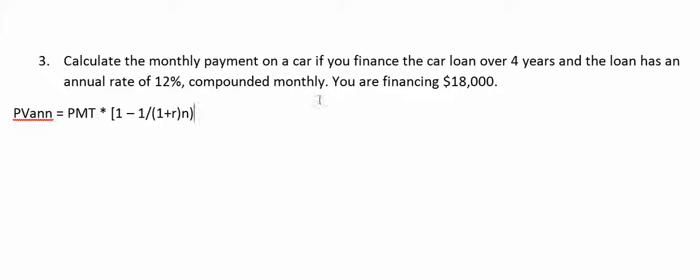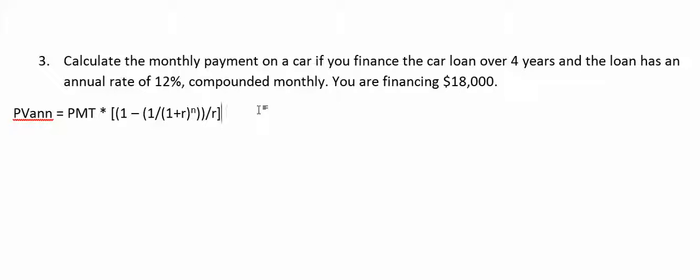All of that gets done. Make sure that's an exponent. Then you take all of that and you divide it by the rate. That's the interest factor for the present value of an annuity.